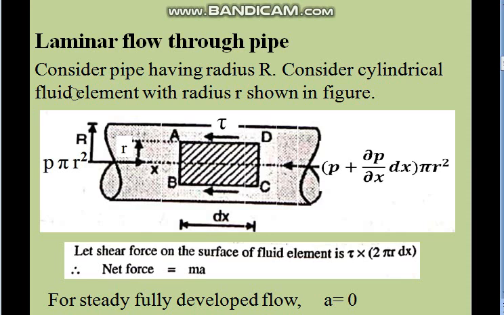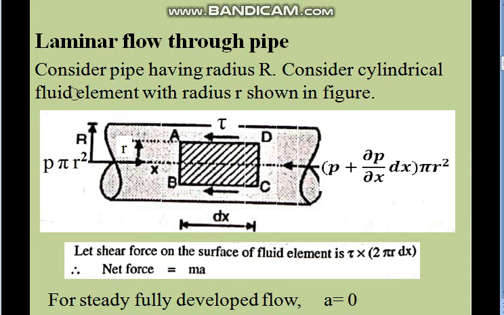Now if you see the diagram, there is a pressure P acting from the left hand side on the area pi r square, that is the cross sectional area of the pipe. And on the right hand side, what is the pressure? The pressure on the right hand side of the element is calculated by means of the Taylor series. The two faces, left and right face of the element, are separated by the distance dx.